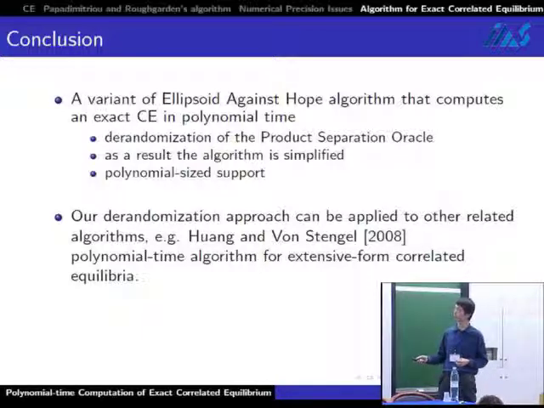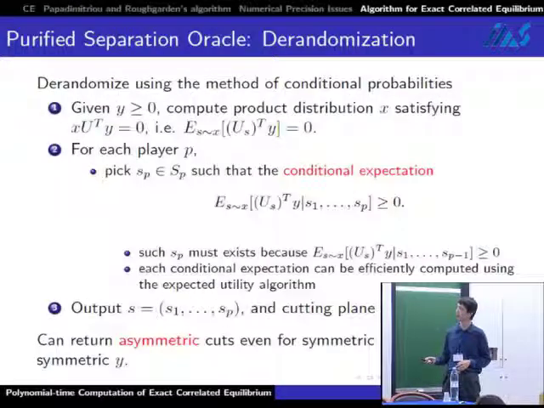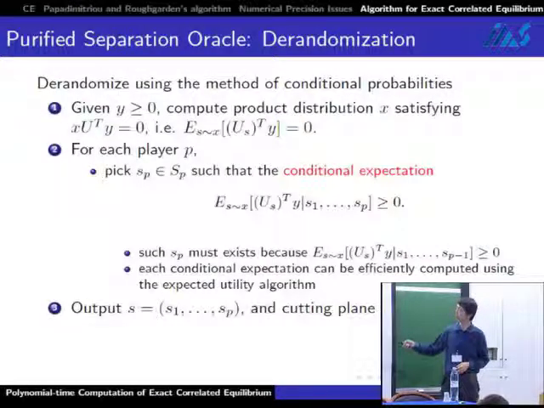But our algorithm still works because it doesn't require x to be a product distribution. As long as you can still compute the conditional expected utilities, this can still be evaluated.